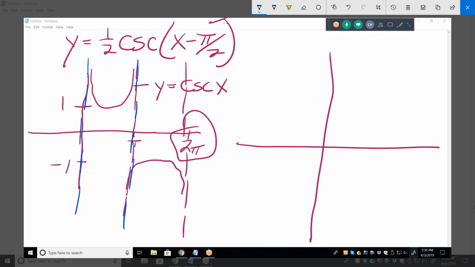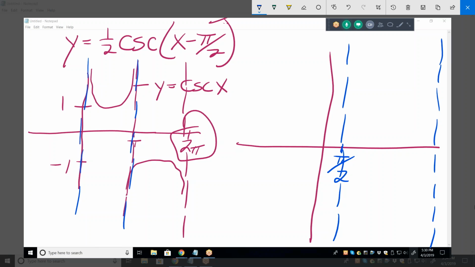That's going to be pi over 2, and that's where my first vertical asymptote goes. What's the period? 2 pi. So my last vertical asymptote goes where? The last one, if I'm only plotting one period. Add pi over 2 to 2 pi. What do you get?